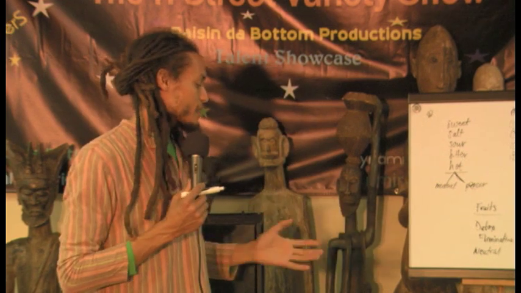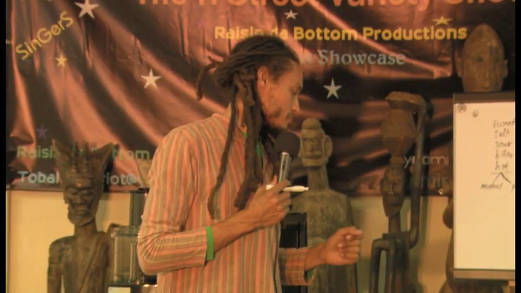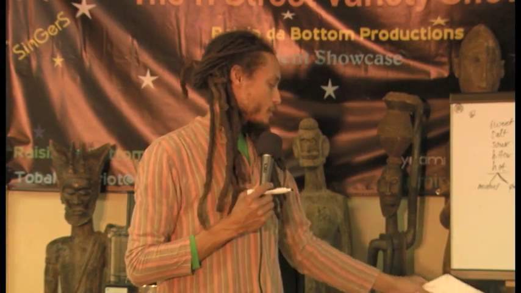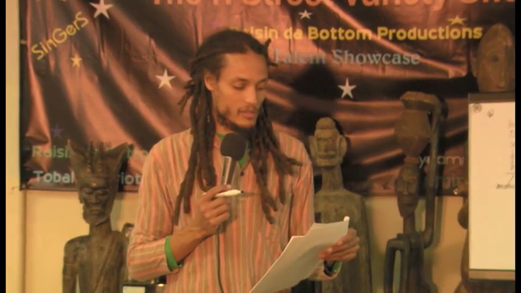stimulating, and I have the different forms of salt here. Again, not all your salts are created equal. We'll go through each salt here. Now, your Celtic sea salt, your Himalayan pink salt, and your real salt, they're pretty much the same thing.